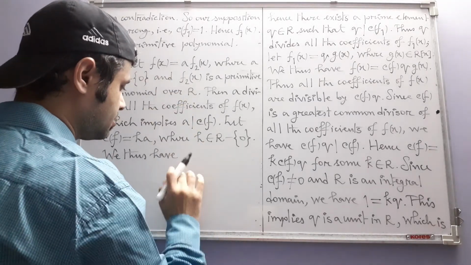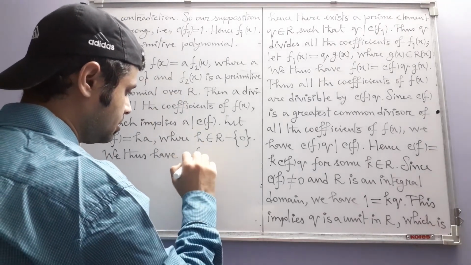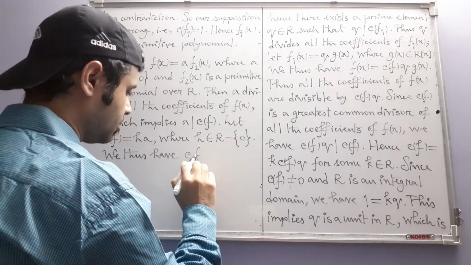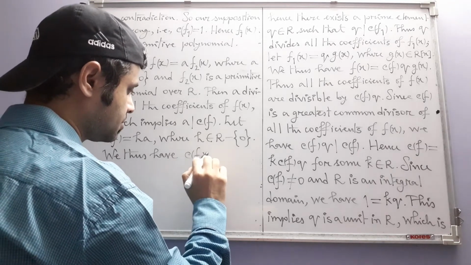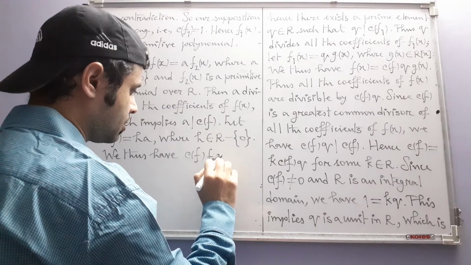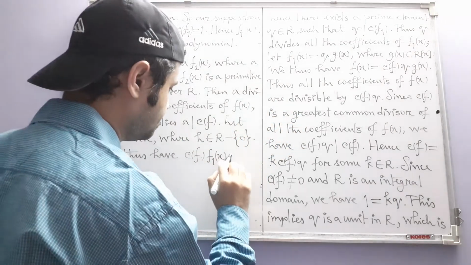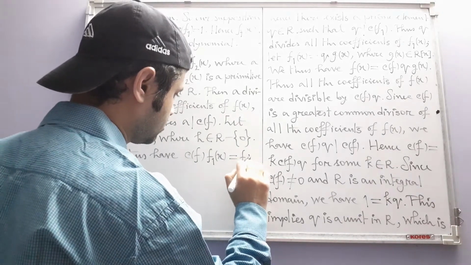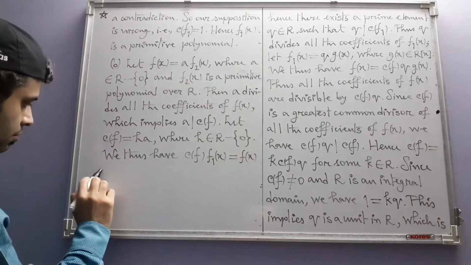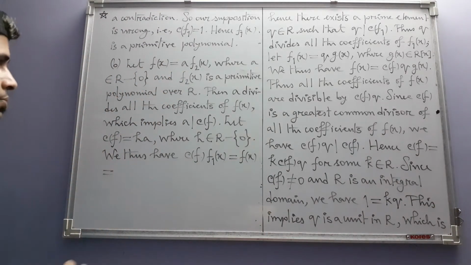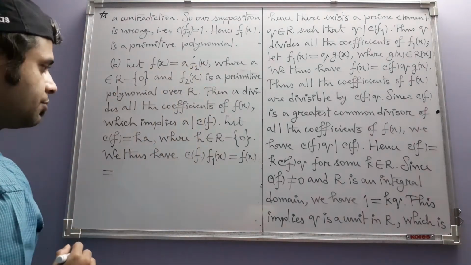Originally f is decomposed like this, CF times f1(x), the decomposition that we have from part A. f(x) equal to A times f2(x).